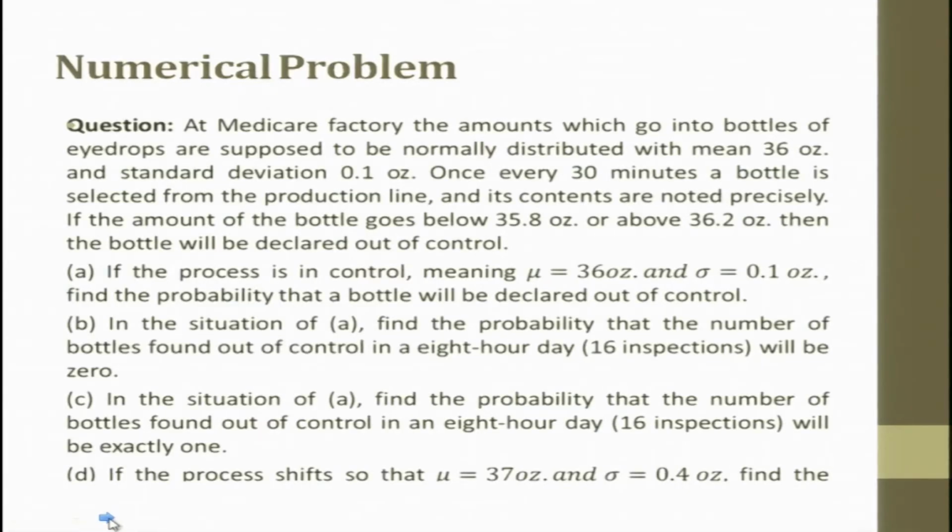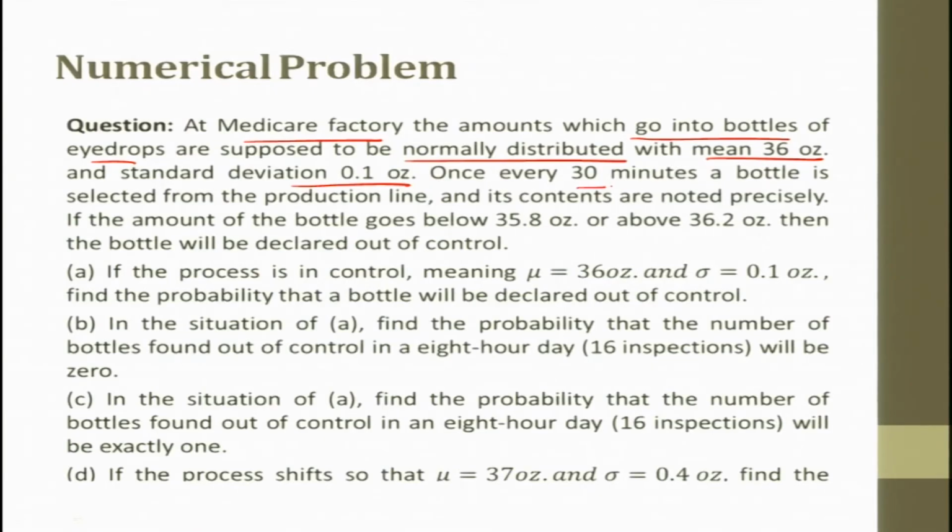Now, I have a numerical problem here. A medical factory is interested in finding the amounts which go into bottles of eye drops, which are supposed to be normally distributed with mean 36 ounce and standard deviation 0.1 ounce.